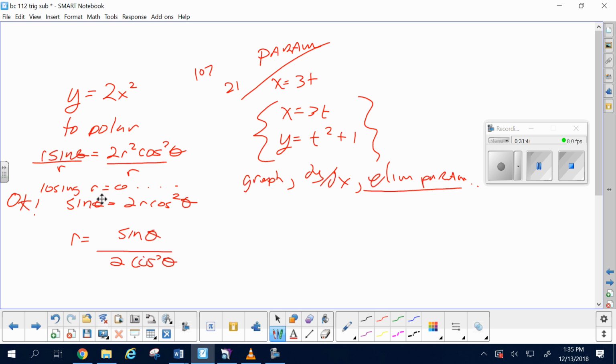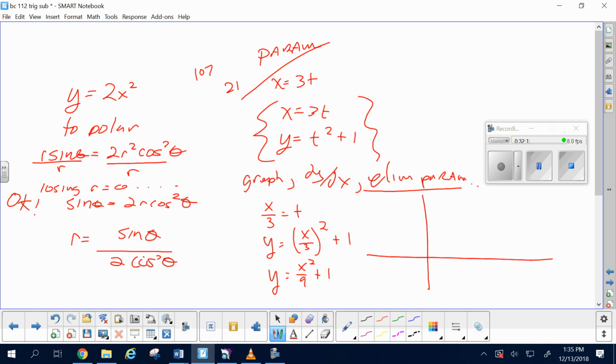Do this first, eliminating the parameter by substitution, since it's algebra based. The reason you might do that first is because you know how to graph that. But be careful: that is a parabola shifted up 1 in y, right?